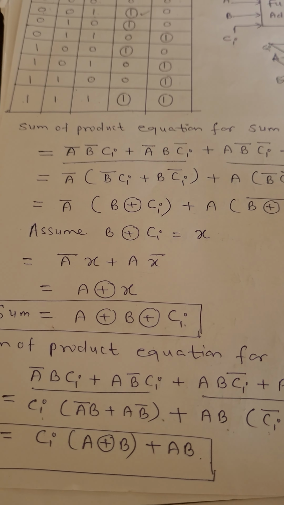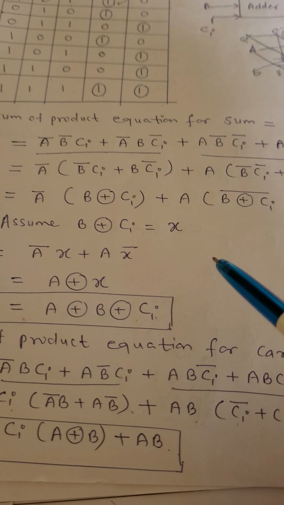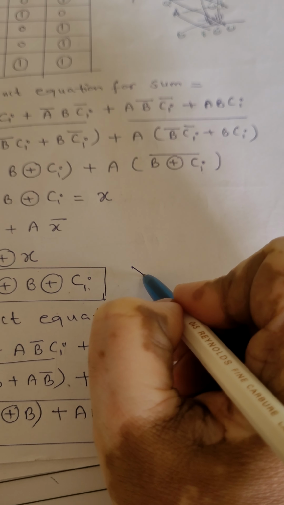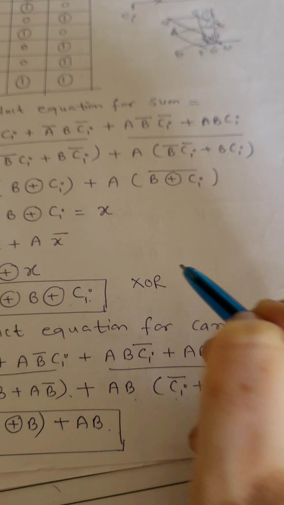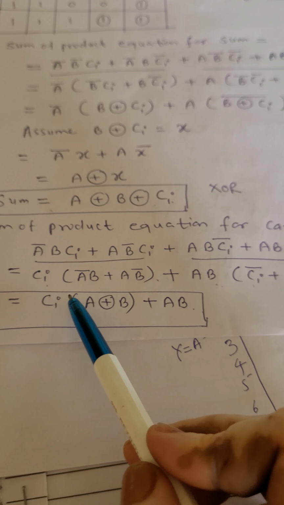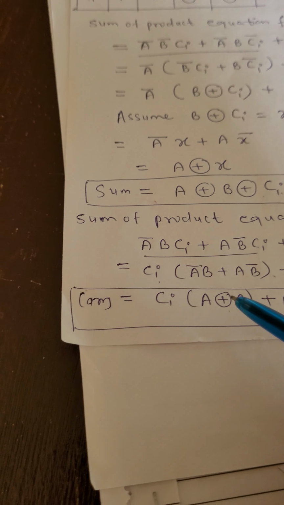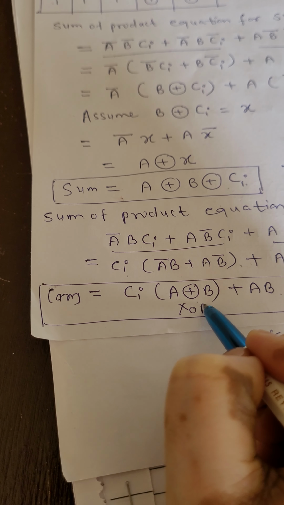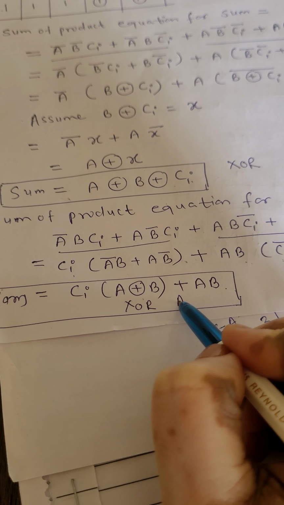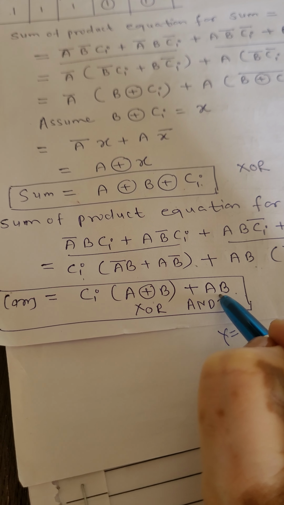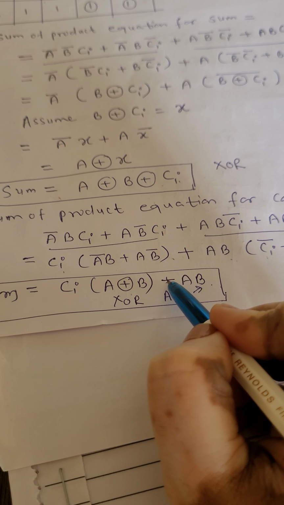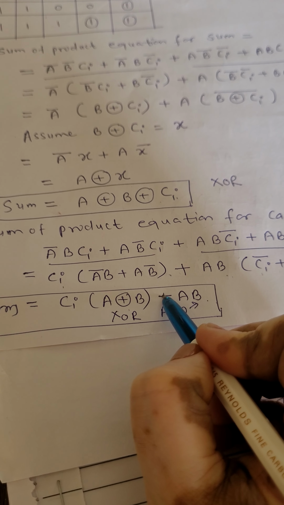Now for the sum, I have to use just a plain XOR gate, and for this I have to use XOR here. And an AND gate I have to use for this expression, and as it is a plus, I need to use an OR gate also.